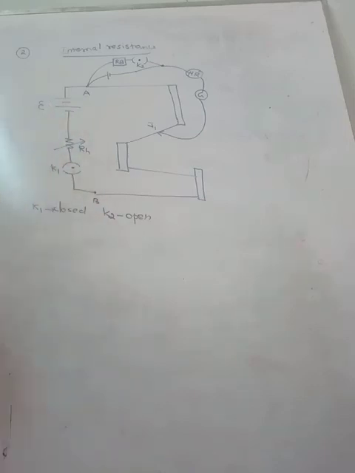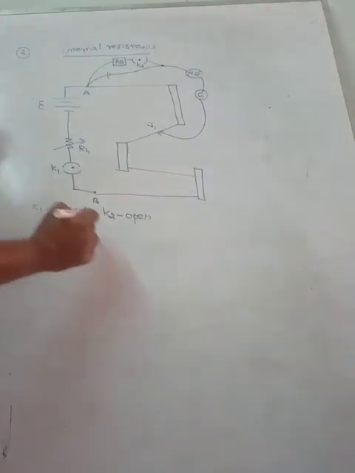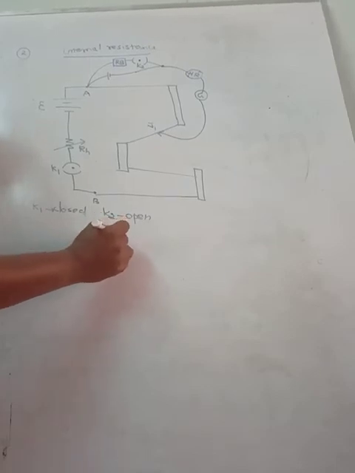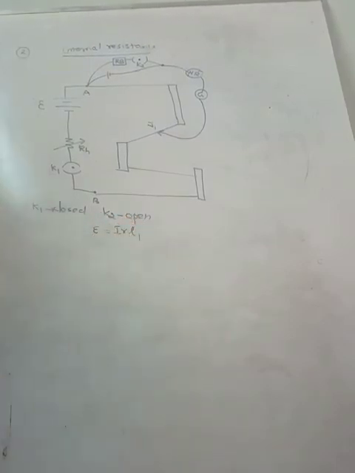Okay, so now it shows a reading. That reading, let me take it as J1. That reading I can take as the EMF, E is equal to IRL1. You know that the EMF of the cell is independent of the external resistance. We have learned about the potential difference and EMF. EMF means the potential difference across the conductor when the circuit is open.